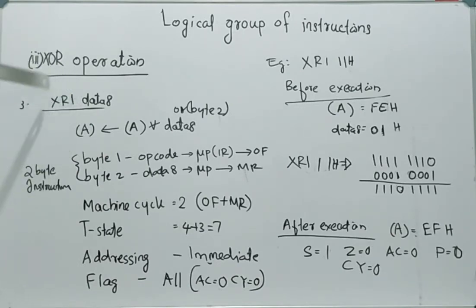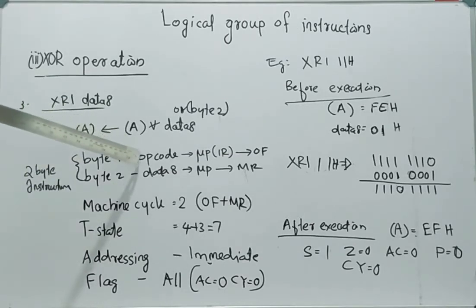When we convert this type of instruction into machine code, the machine code size is 2 bytes long. Therefore, this instruction is a 2 byte instruction. The first byte represents the opcode of the instruction and the second byte represents this data 8.